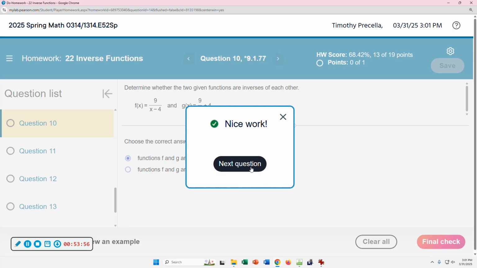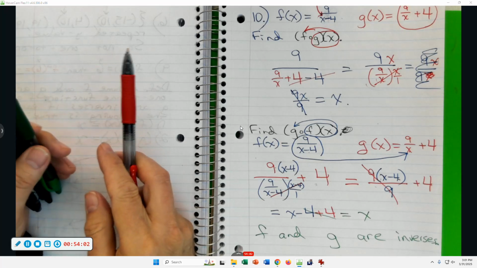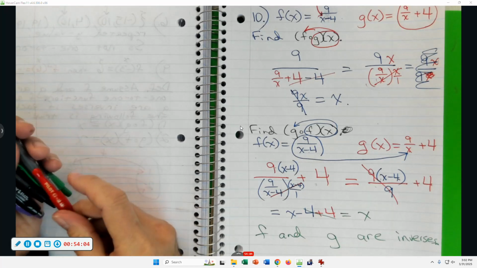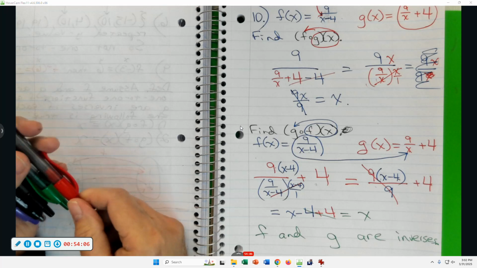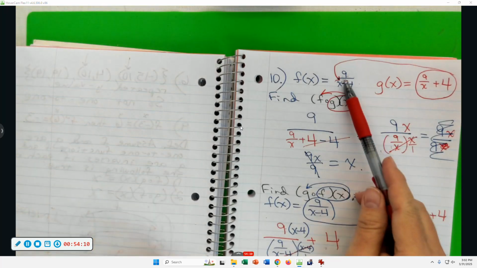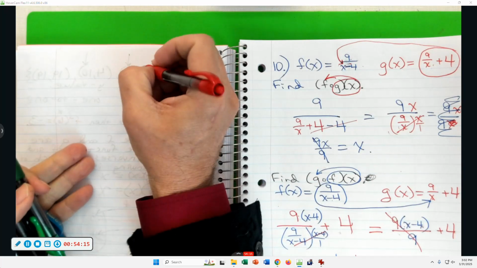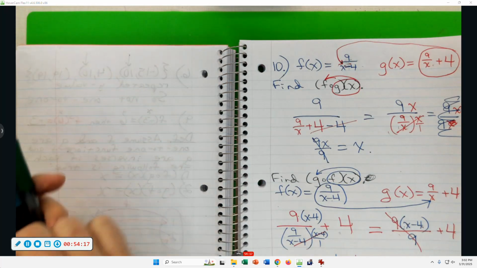Okay, let's consider these two functions, f and g. If x is 5, we're looking at this blue function.